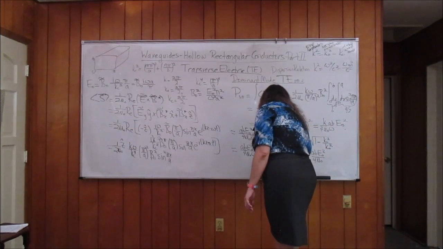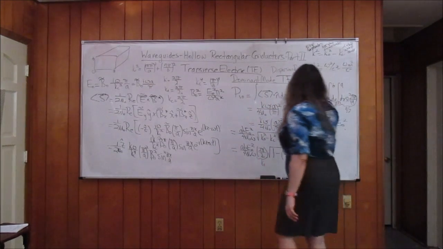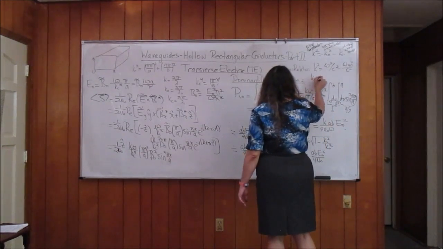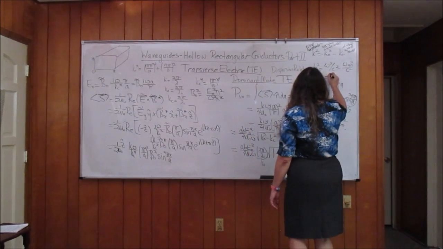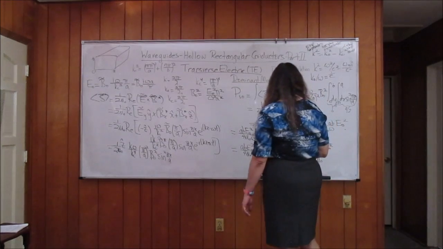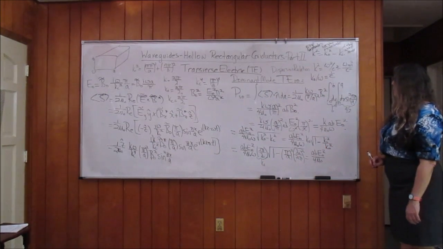And this is equal to k naught. And what's k naught over omega equal to? It's equal to 1 over c. And that's how k naught and omega are related to each other.